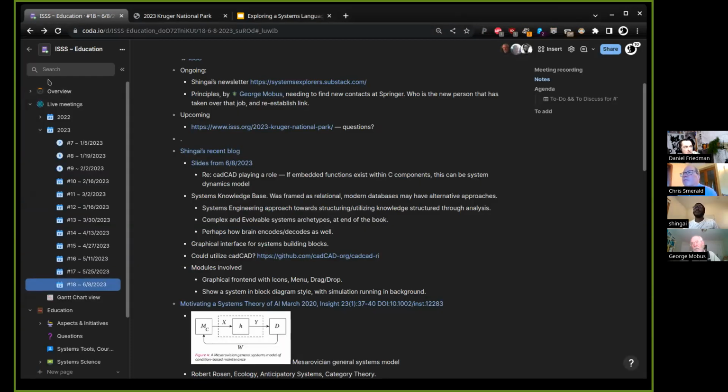So my department at the university, we have a PhD program in computer science, but the technical name of the department is computer science and systems.